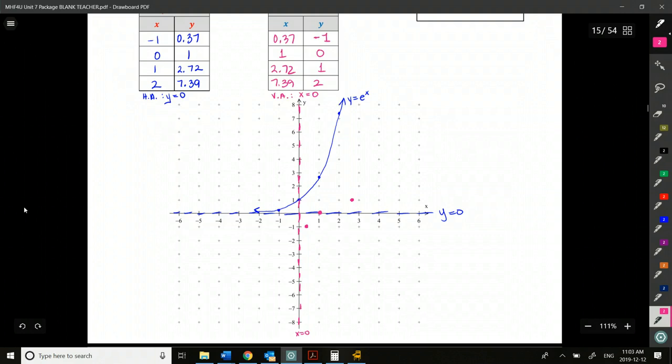You're right. Let's just extend it a little bit. We'll extend it to 7 and 8. And that's at 2.